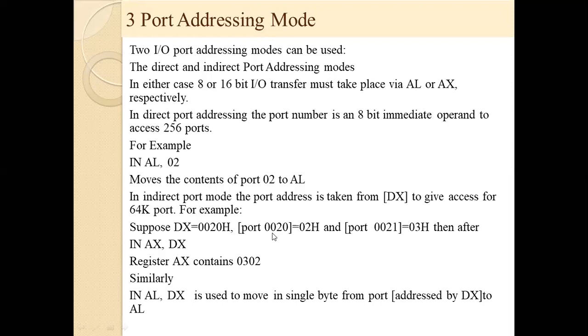So the microprocessor will take 1 byte of data from port number 0020, that is 02. It will put it inside the AL, the first part of the AX. Then for the next part of the AX, that is AH, it will increment the same address, and from that address it will take the next byte of data and put it inside the AH.